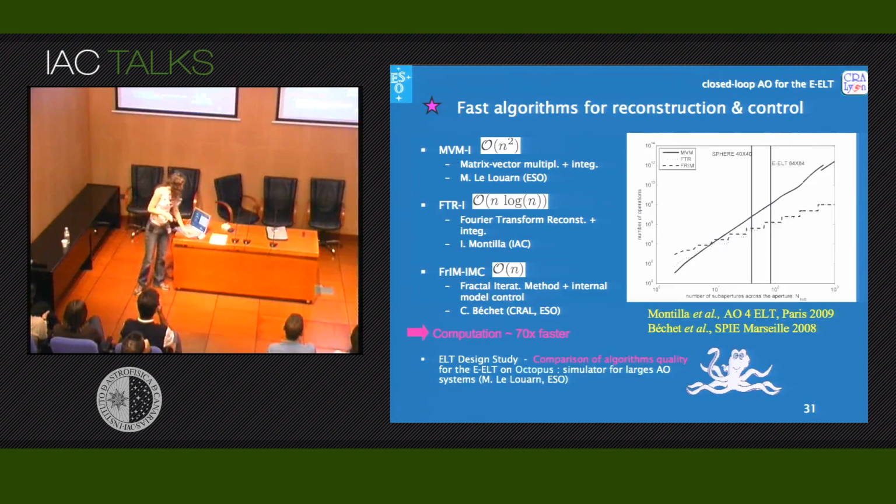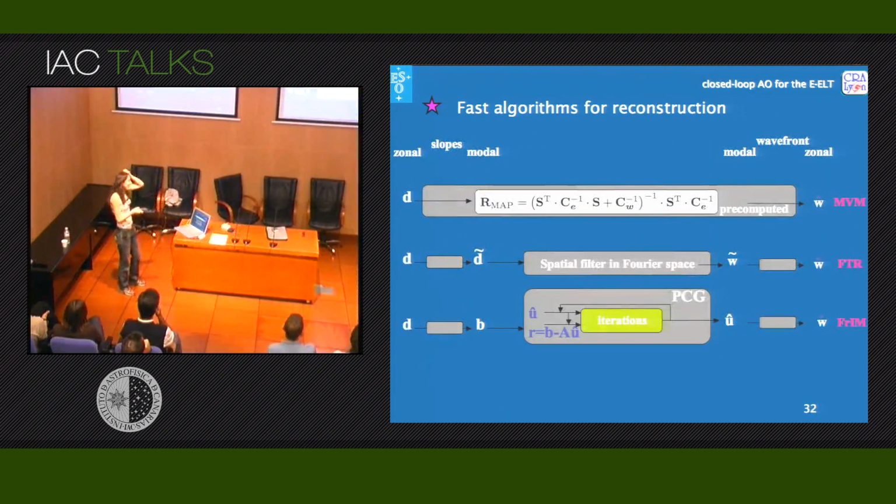And since you said it's in closed loop, the data are residual data, and so you have a residual wavefront here, and you use an integrator in the control to apply the command on the deformable mirror.